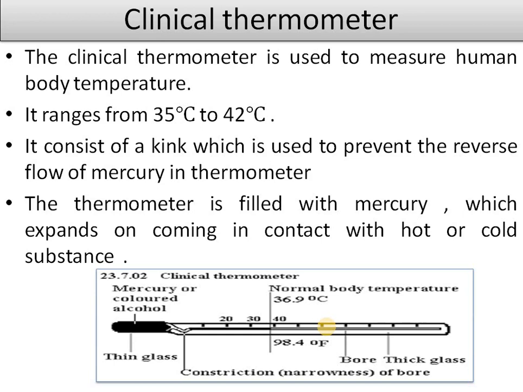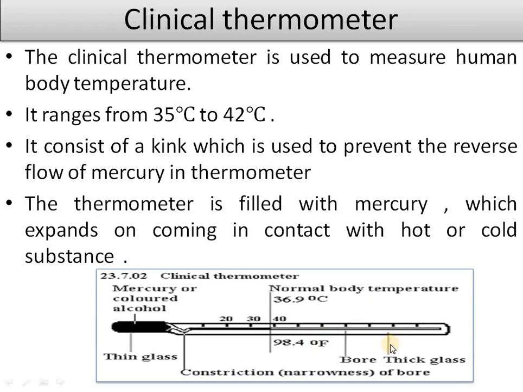So to reduce the speed of reverse flow of mercury, we are using kink so that it can stop the reverse flow of mercury as much as possible. So that's why we are using kink, a bent curve.